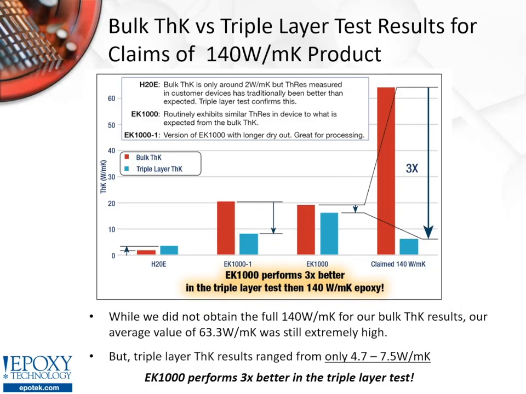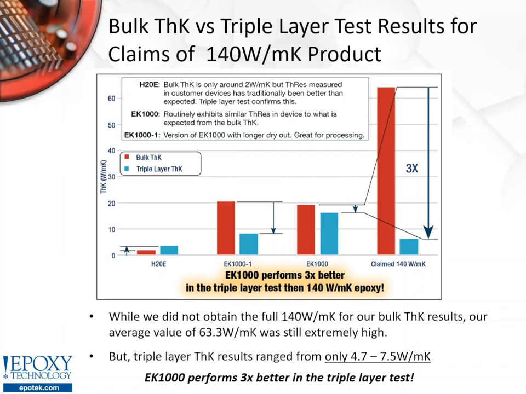So we put the claims to the test. We tested this 140 watt per meter K thermal conductivity silver sintering system. And overall, we saw that in the bulk thermal conductivity, it showed excellent results, truly exceptional. Nearly 70 watts per meter K in our testing.